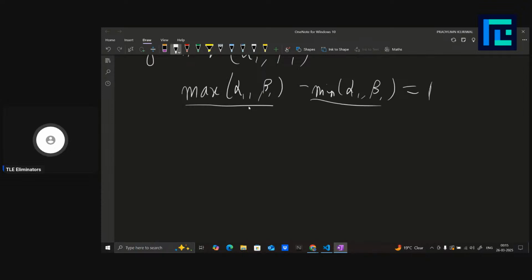Now let's say alpha 1 is greater than beta 1. So that means that alpha 1 minus beta 1 should be equal to 1.